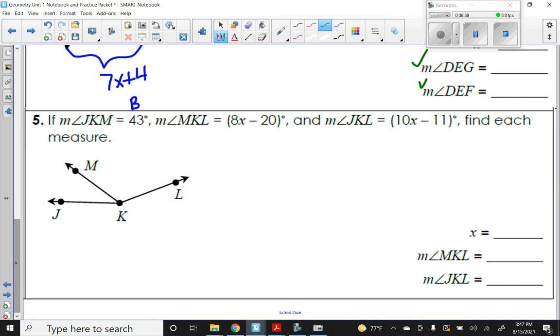All right, last one to show you how to label it and create your equation. JKM, that's a little. 8x minus 2 is MKL. MKL is also a little.